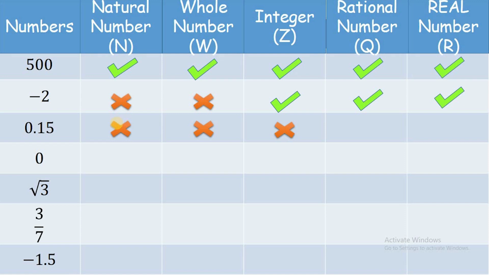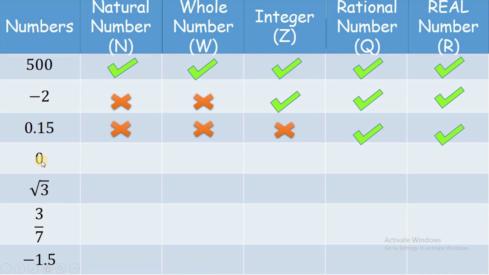It does not include the decimal numbers, and also the whole numbers do not include decimal numbers, and also the integers do not include decimal numbers or numbers in the fraction form. Therefore, it is a rational number because 0.15 can be expressed as 15 by 100. Therefore, it is a rational number. And if the given number is a rational number, then it is also a real number.